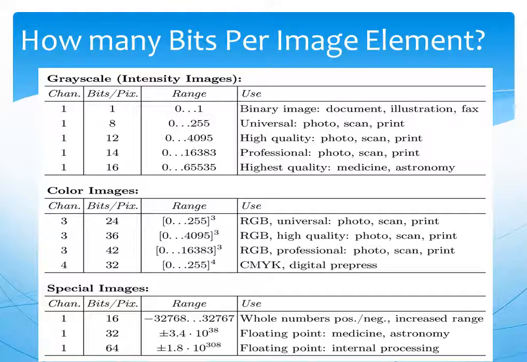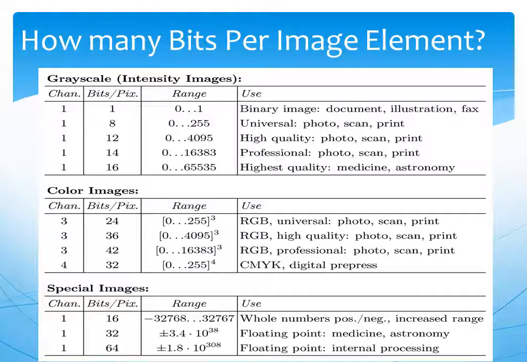Now if you choose a universal image, that means the physical grayscale images for photo, scan, print of low resolution, then you require 8 bits per pixel, and the range is 256, starting from 0 to 255.